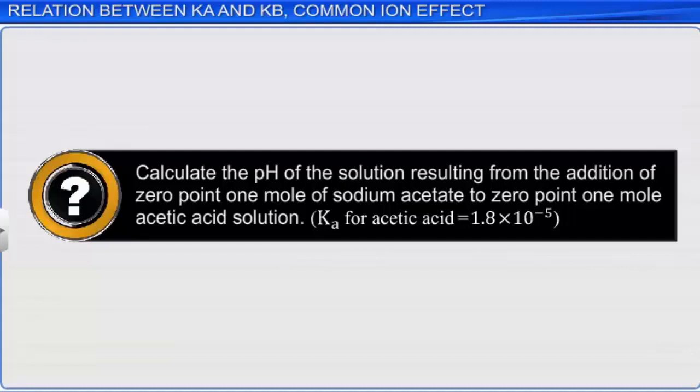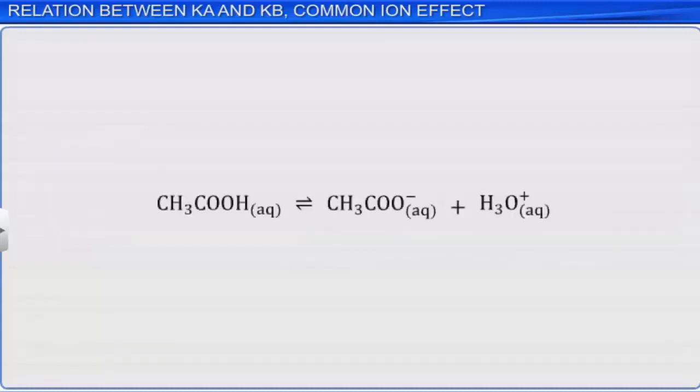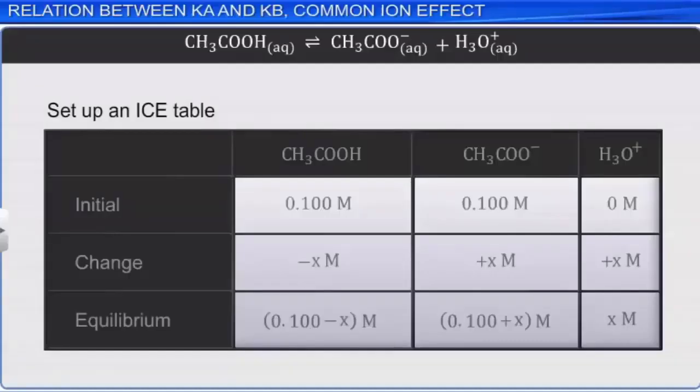The dissociation equilibrium of acetic acid in water may be represented as CH3COOH aqueous in equilibrium with CH3COO minus aqueous plus H3O plus aqueous. To determine the equilibrium concentrations of the substances, set up an ICE table.